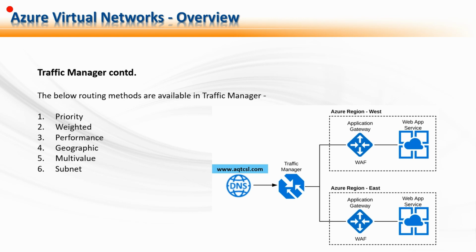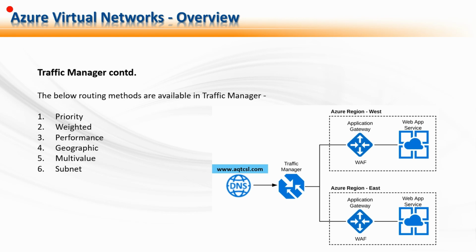The fourth one is the geographic routing method, which is selected when the users are to be directed to specific endpoints based on their geographic locations and from where the DNS query originates. We also have multi-value, which is selected for traffic manager profiles that can only have IPv4 and IPv6 addresses as endpoints.